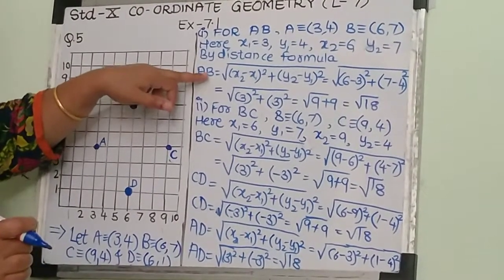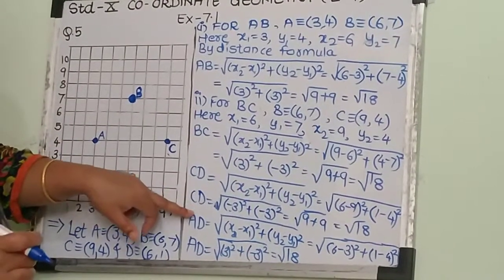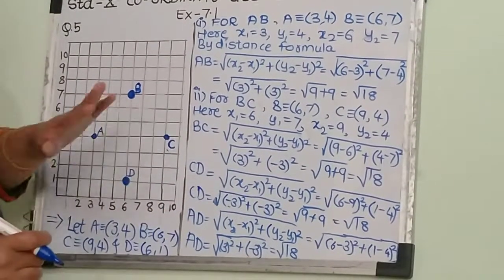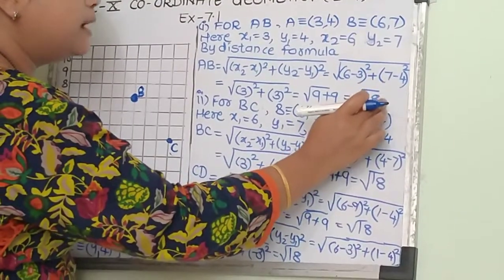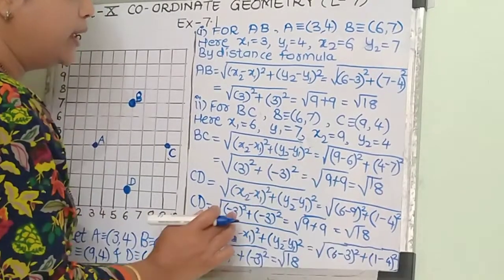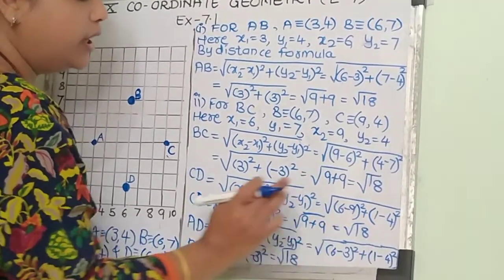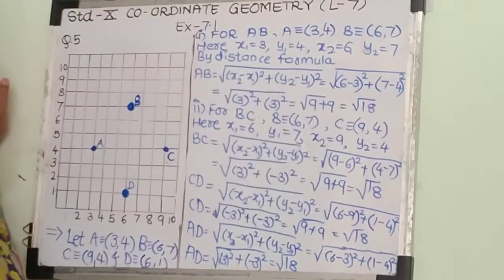Here we get AB, BC, CD, AD are the same, because for distance AB we get root 18, BC again we get root 18, CD also we get root 18 and AD we get root 18.